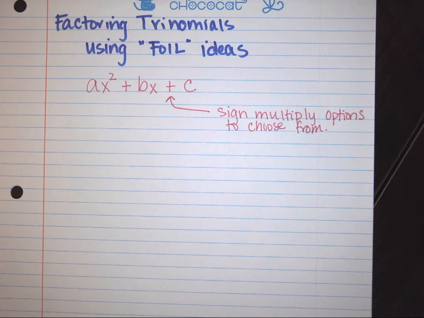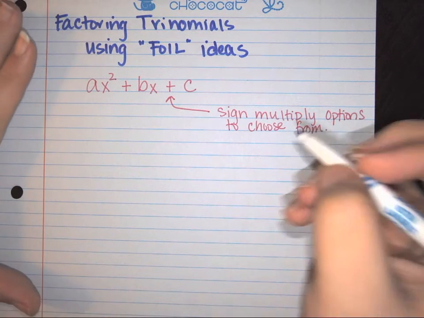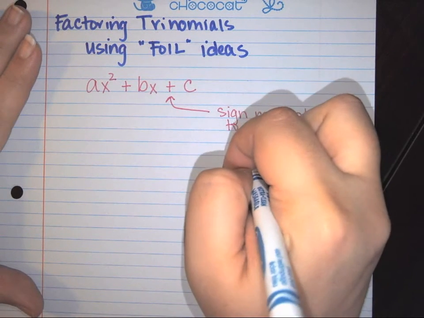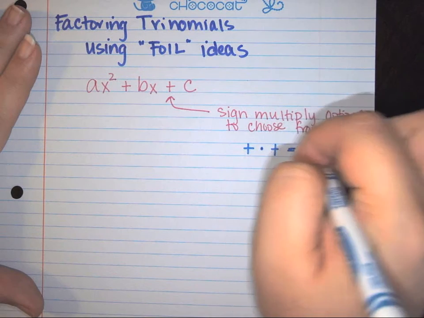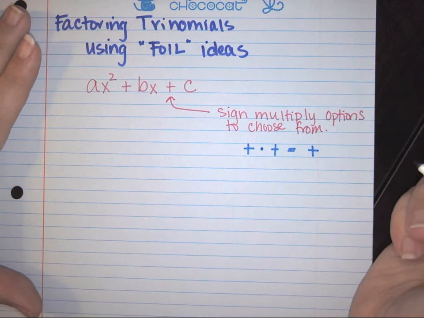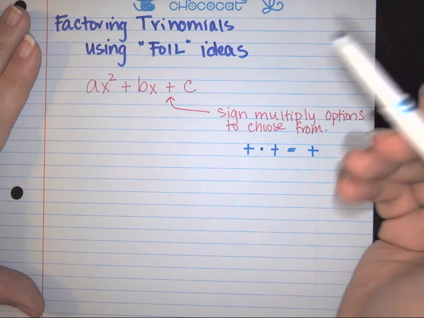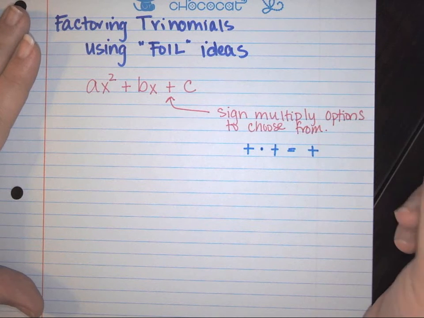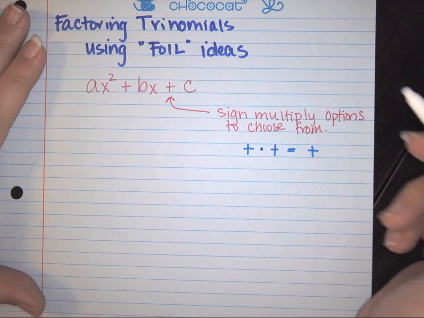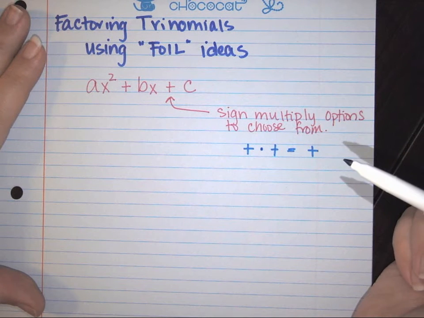Well, those options have to do with when I multiply two numbers together, what do I get? So if I take a positive number and I multiply it by a positive number, I get a positive result. So this back term here is telling you the sign of your factors that when multiplied together need to match the sign of your term.